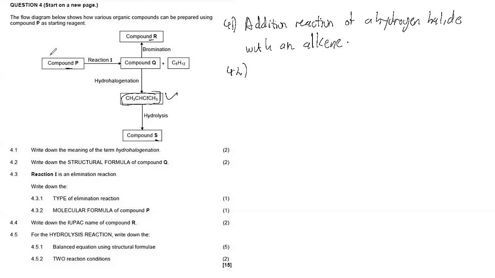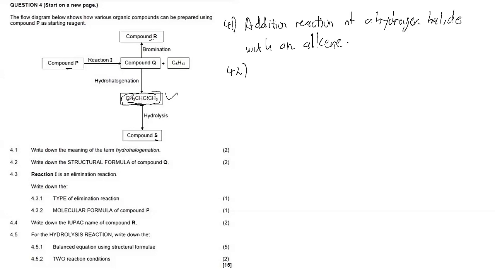Now what we know about this question here is that every compound here will have to maintain the same number of carbon atoms. So we only need to find one structural formula or one condensed formula in order to determine the other compounds. So now that we've located that compound there, that means also compound Q must be made out of the same number of carbon atoms as this one here.